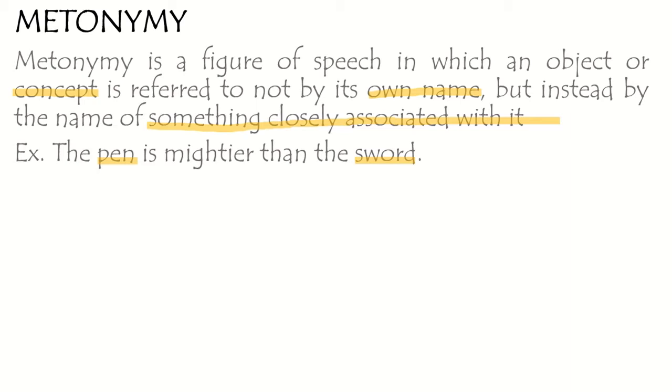So here we use the term pen as this one is closely associated, or it is better for us to use pen as an object that will represent writing. And then sword is a good thing that we may use in order for us to represent fighting or represent war. So that is how metonymy works. Basically, we are using something that will represent a certain object.